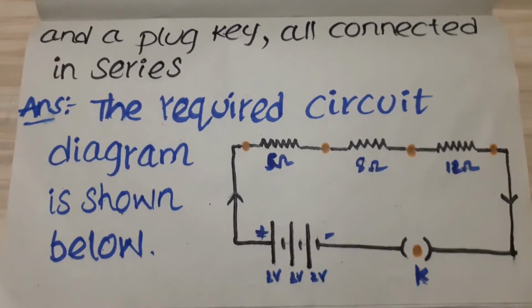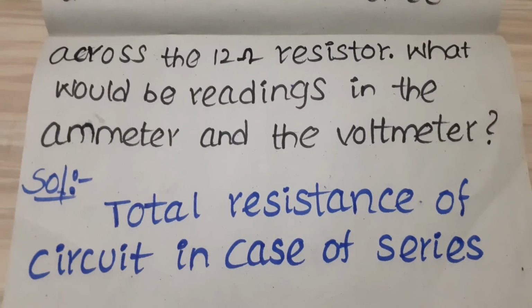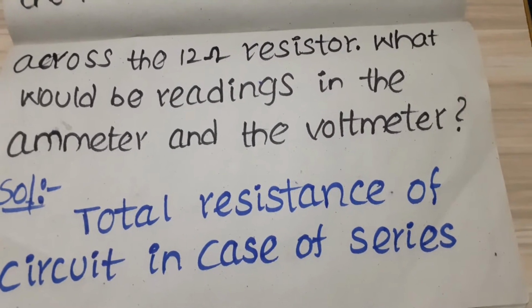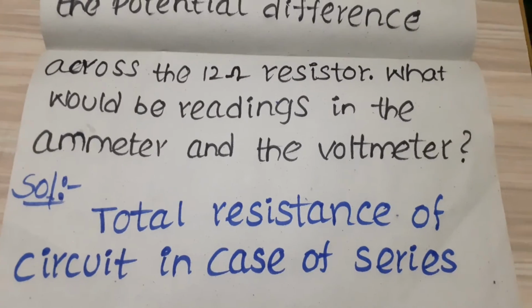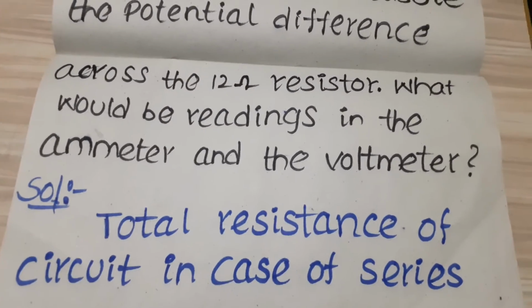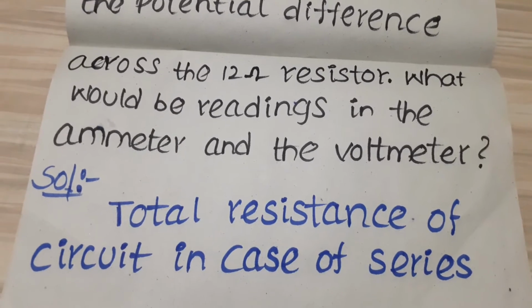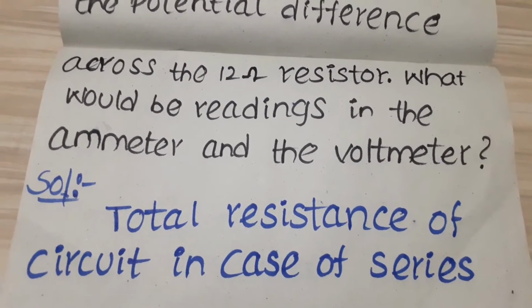I am asking one question. In the case of series combination, is the current same or different? In series combination, the current is the same but the potential difference is different. So first of all, in this circuit, I am going to find the total current value.